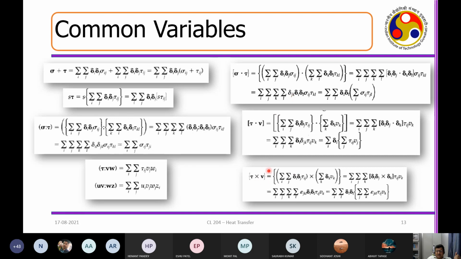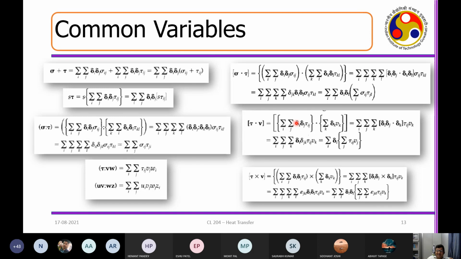If I take a cross product between a tensor and a vector, what should I get? Tensor. So ei ej cross ek, right? Now, when you take a cross, you are going to get a vector out of it. Suppose you have j k, so you are going to get em, right?